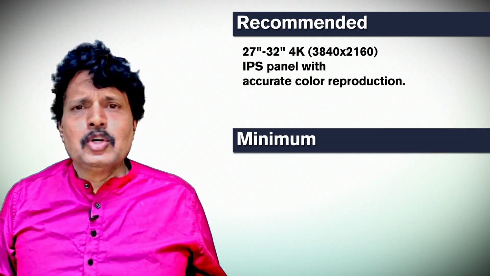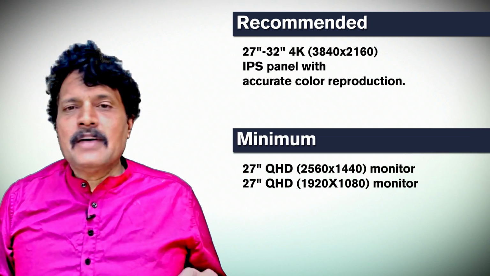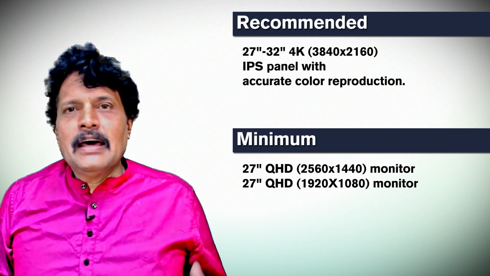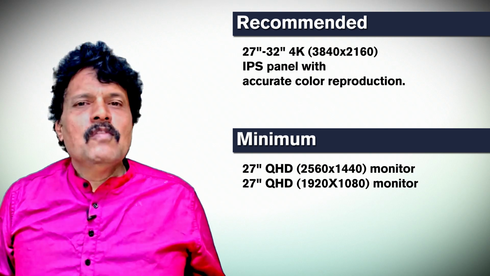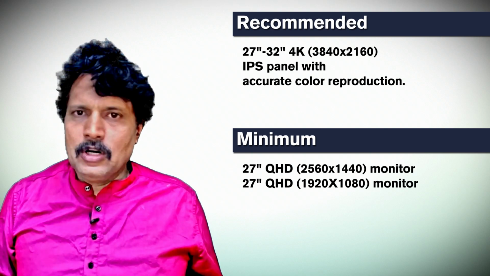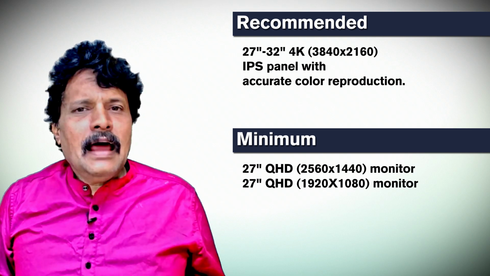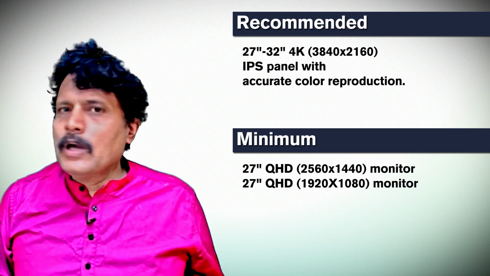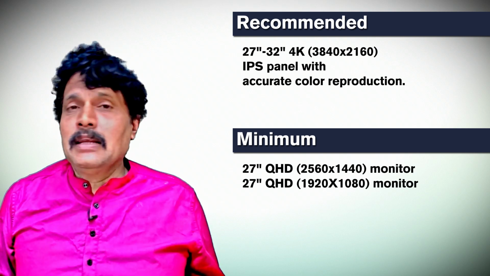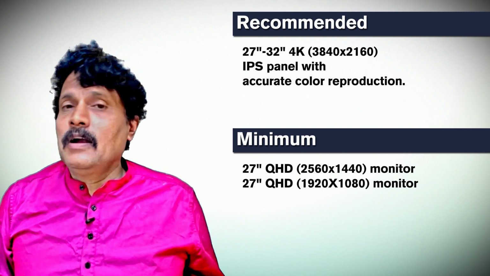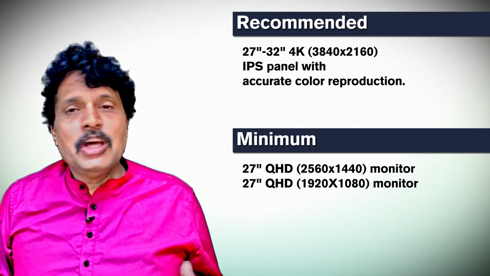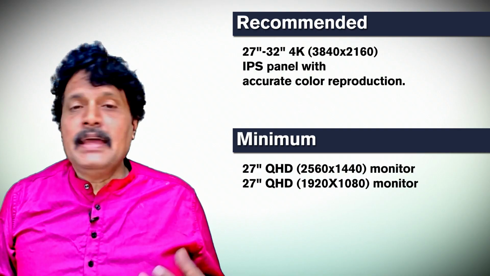However, you should minimum have a 27 inches monitor with a resolution of at least 2560 by 1440, or at least 1920 by 1080, 2K resolution. Accurate color reproduction is crucial for design accuracy, visual quality checks, and final outputs.